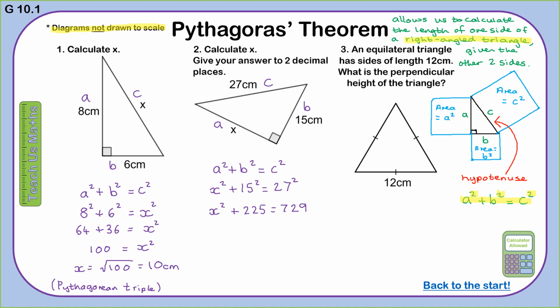So rather than adding together the 225 and 729, we need to subtract 225 from both sides to get x squared on its own. So x squared is equal to 729 subtract 225. So x squared is equal to 504.